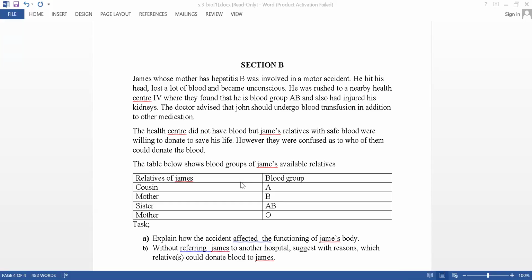Do other cells also have antigens? Yes, all cells of the body have antigens. All of them.